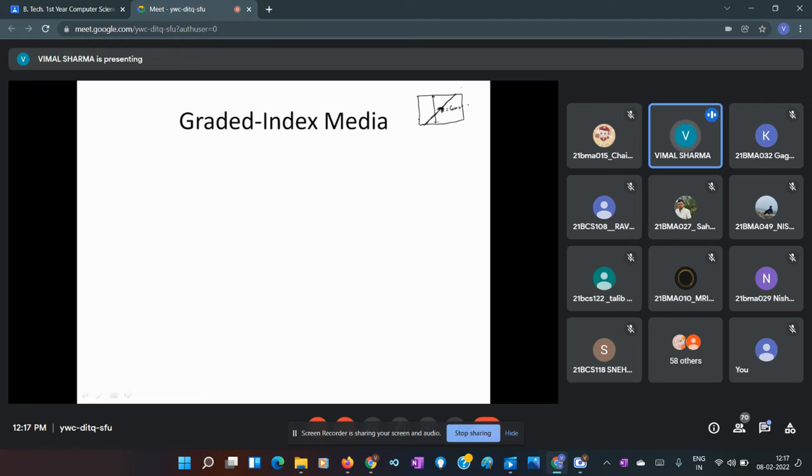As soon as there is a change in refractive index, then it bends away. But this is not a graded index. This is a step index type of combination, because here the change in refractive index is abrupt.